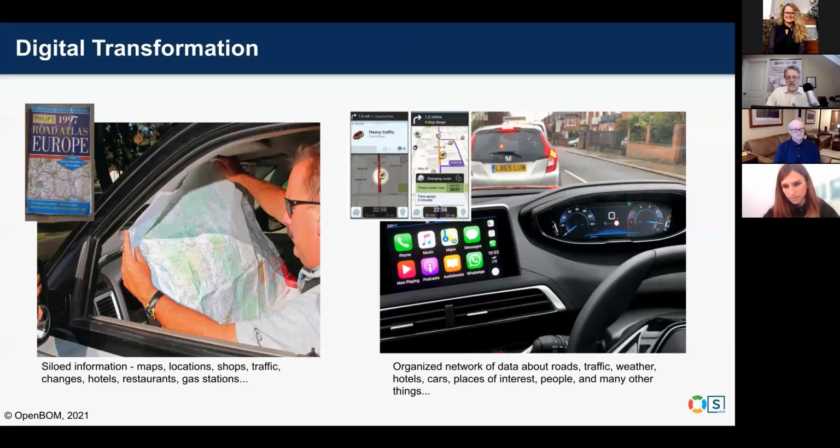So the perspective of this transformation that I want to bring you has two main points. The first is that we have seen the transformation of the driving experience happen not overnight, but gradually, with the development of many services that became available to us through different devices.